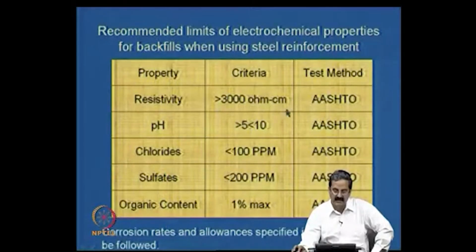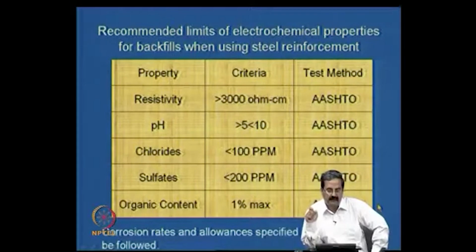You have permissible limits here, and a standard method, ASTM methods, one can use. You have to see that in the backfill or wall fill that you are using, the properties are less than the limit specified, particularly when steel reinforcement is present.